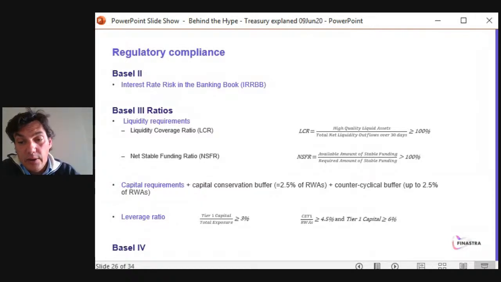And Basel IV introduces changes that limit the reduction in capital that can result from banks' use of internal models. So it's a bit complicated, but what you have to keep in mind is that the regulation is there to make the bank safer. And in the eyes of the regulator, a safer bank is a bank that has more capital in reserve. So obviously it has a cost. And again, we are coming back to the optimization.